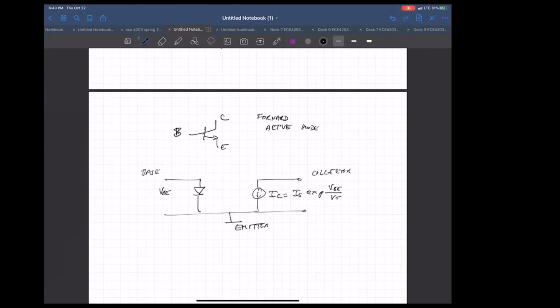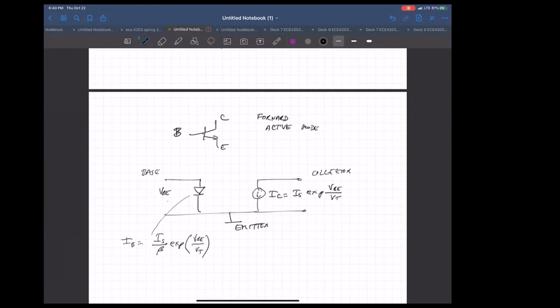And this diode we put in here to have some way of showing I sub B. So what we do for I sub B is, notice we have I sub S here. We say I sub B is I sub S over beta exponential of VBE over VT. This is the base current.